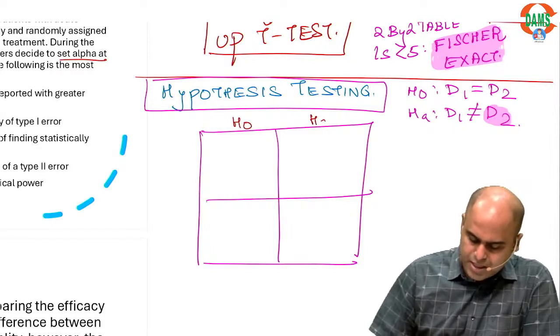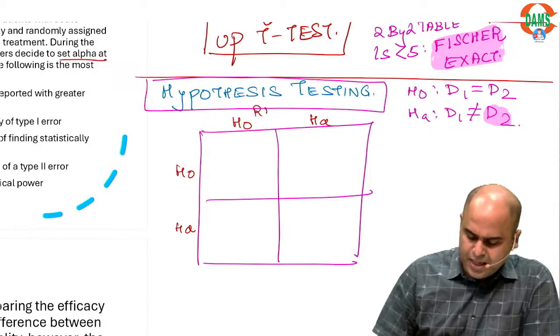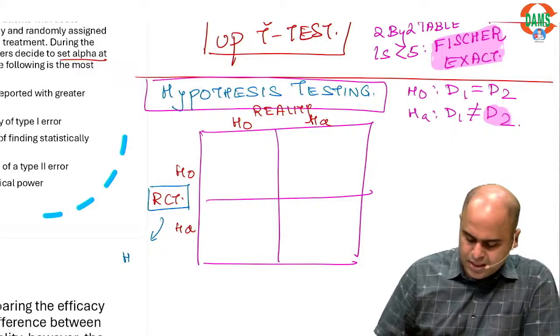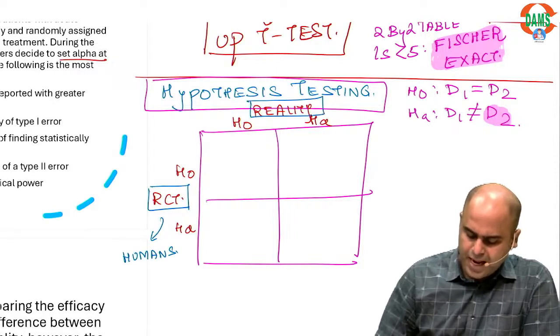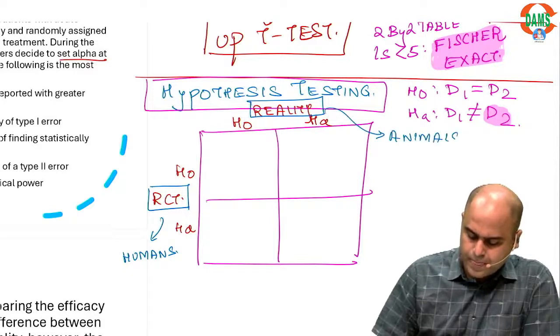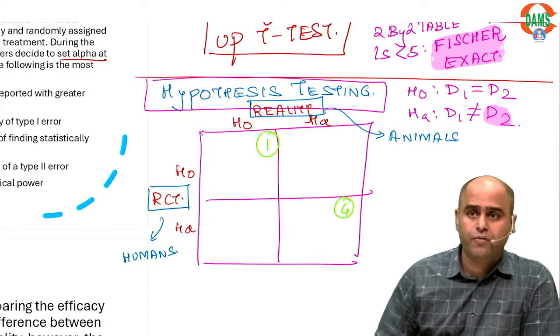H0, HA, H0, HA. Now guys, any drug trial is first done on animals and then it is done on humans. So RCT is done on humans, reality is done on animals. Look into cell number 1 and cell number 4.